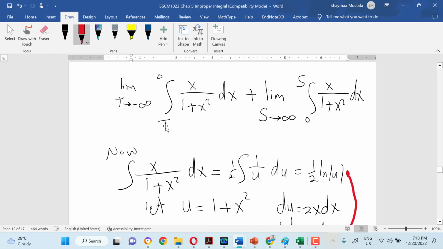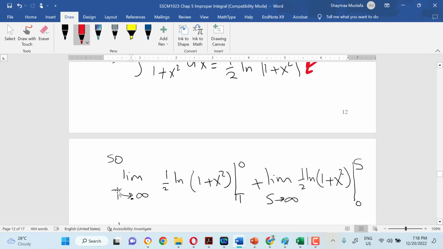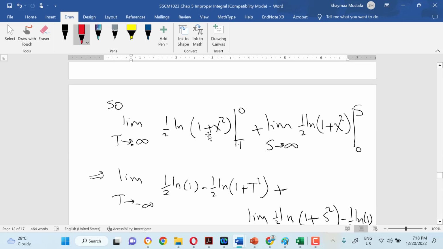Now you have to substitute from t to 0 here and from 0 to s here, and take the limit. So first, the limit when t goes to minus infinity for this value from t to 0, plus the limit when s goes to infinity for the same value but from 0 to s. Okay, now substitute. Before taking the limit, we need to substitute.